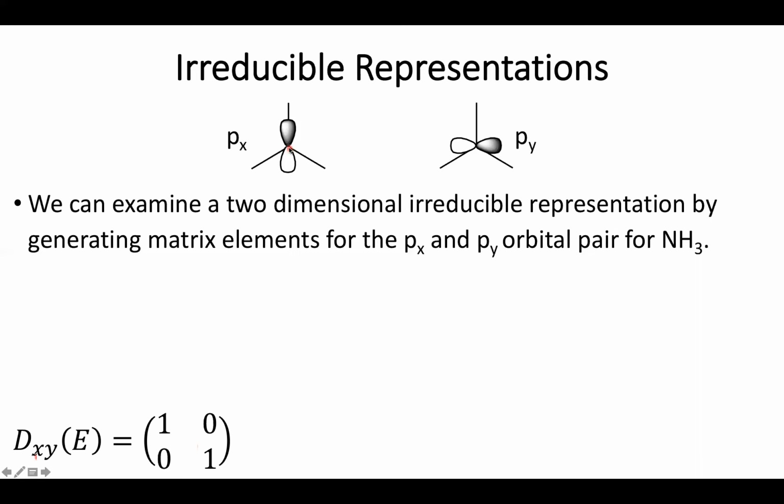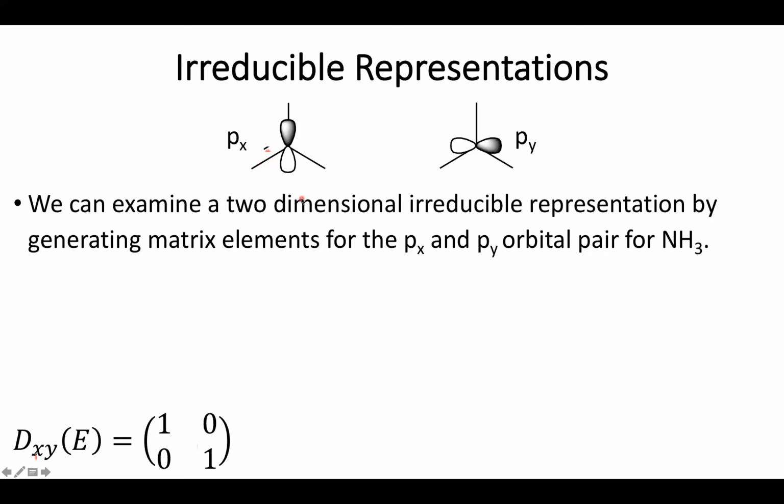So what I'm going to do is take this system and rotate it counterclockwise 120 degrees. So just rotating the orbitals, because again, the molecule centers should stay the same.